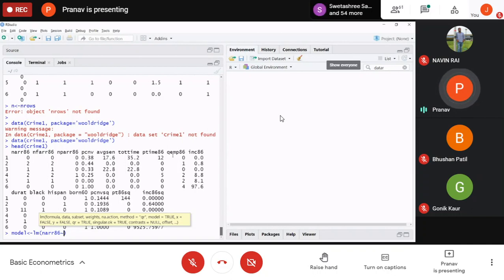And then simply the way we write the P time 86 plus Q employment 86.